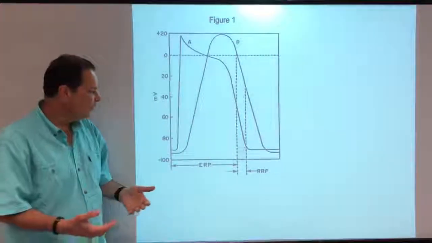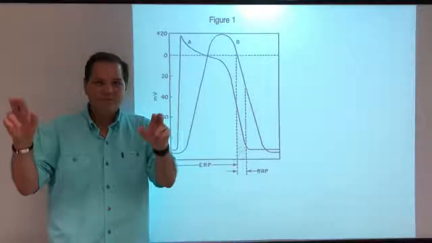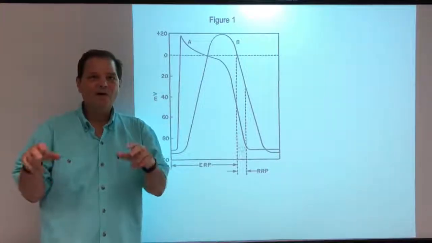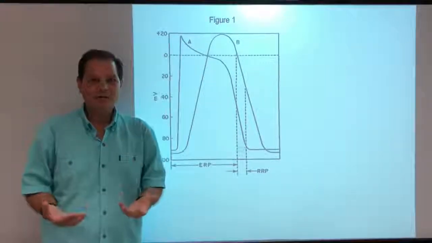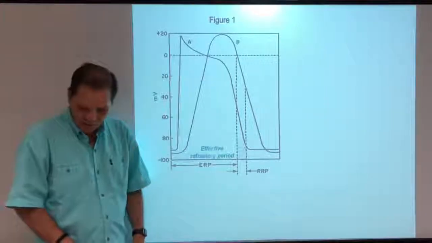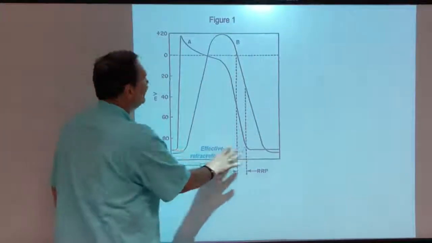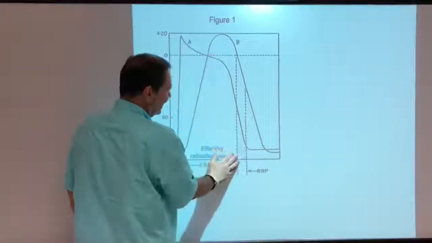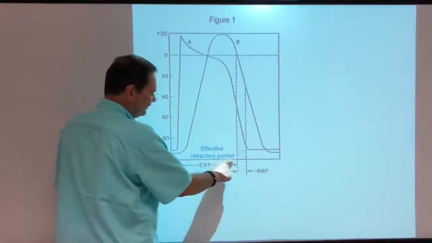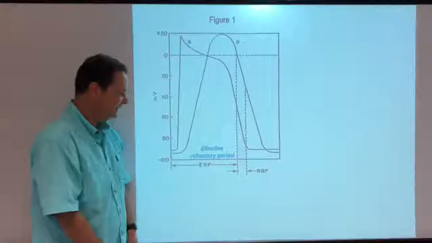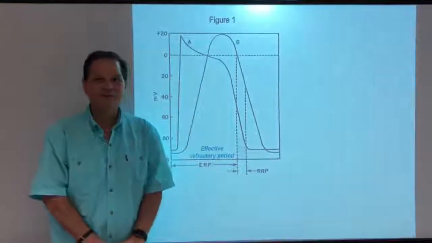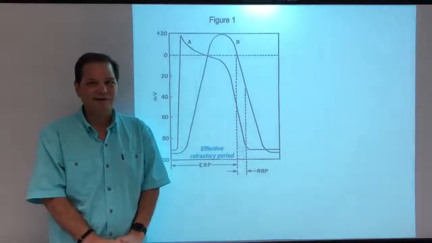So what that means is that there is a refractory period, meaning a period of time where you cannot fire another action potential and excite the membrane again. The vast majority of the length of this cardiac action potential is called the effective refractory period, and that means that under no circumstances can that membrane be stimulated to throw an action potential of any type.